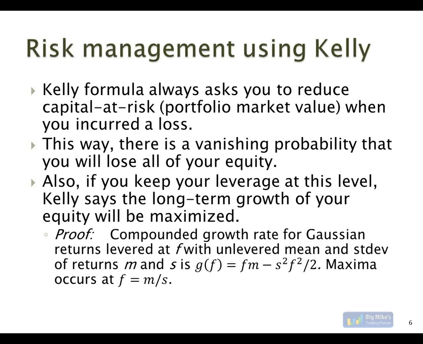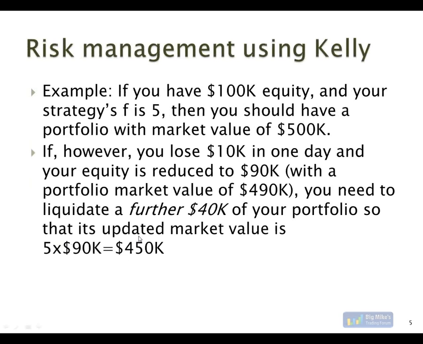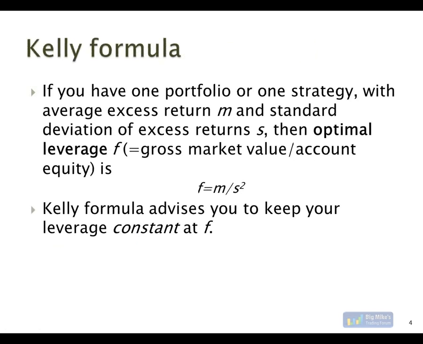Okay. Actually, it's very easy. You just need to look at this formula. No matter how many futures contracts you trade, you have to ask yourself, what is the average return? Let's say annualized. It doesn't matter if you use annualized or daily return, because this Kelly formula is invariant with respect to time scale.